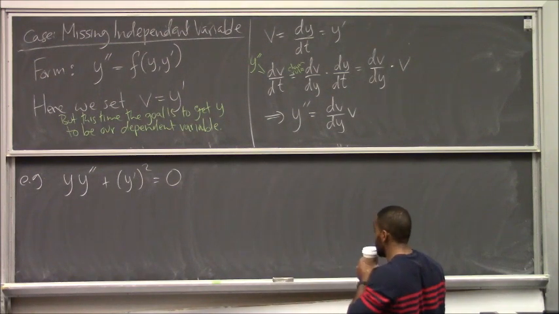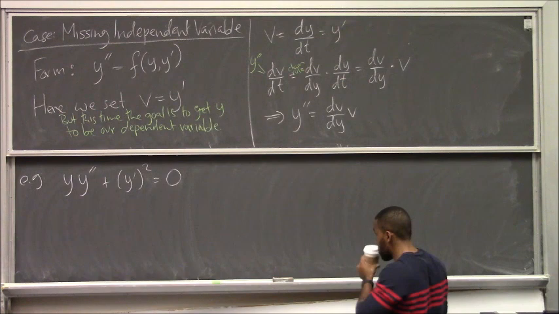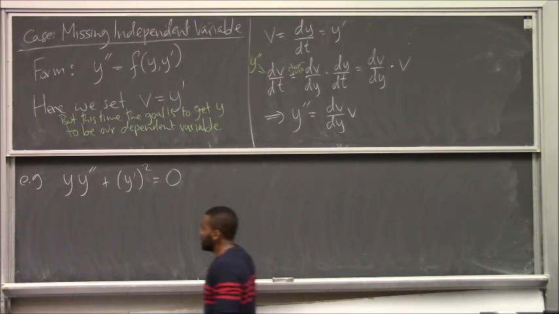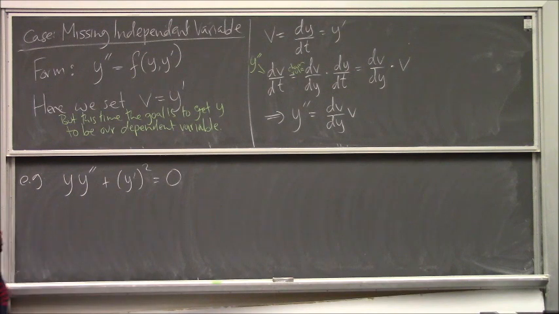There's no t's floating around anywhere. It's nonlinear, as you can see, we have y's multiplying each other. But that doesn't matter to us.